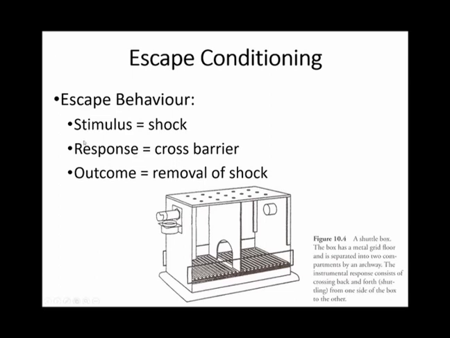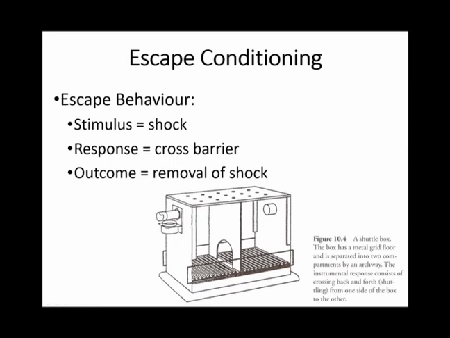The correct response, that operant response that the rat should perform, is to cross the barrier and go into the other side where the floor isn't electrified and where they can stand comfortably. And the outcome that we see after the rat crosses that barrier to the other side is that the removal of shock has occurred. The floor on this side isn't electrified, so it doesn't hurt. They have now escaped that aversive stimulus.